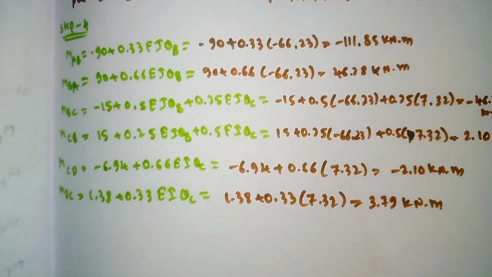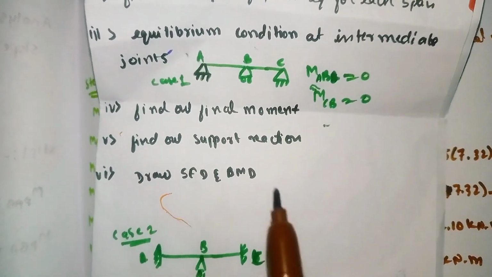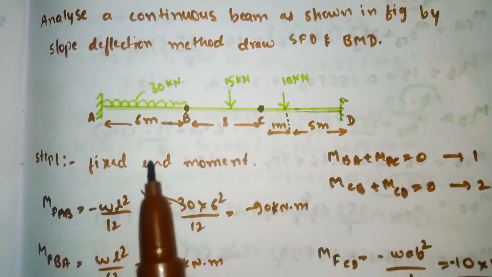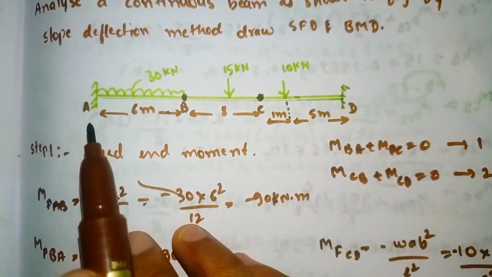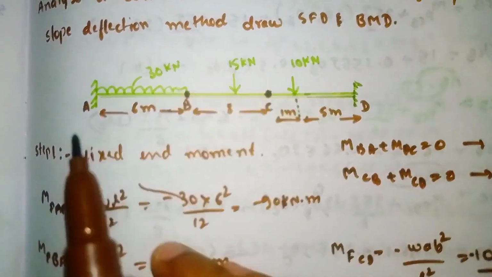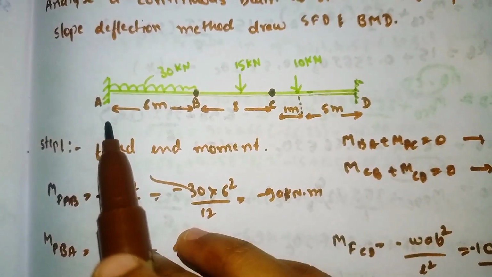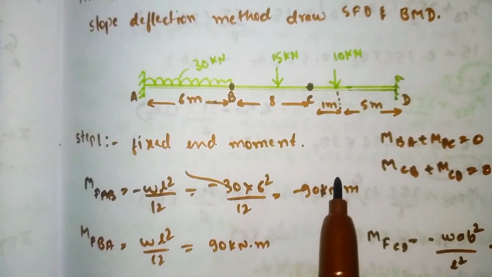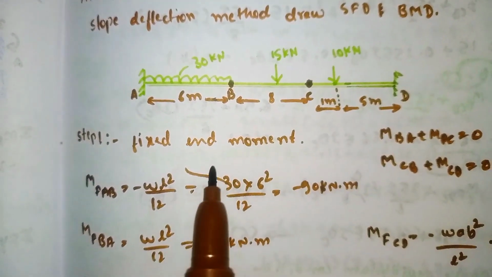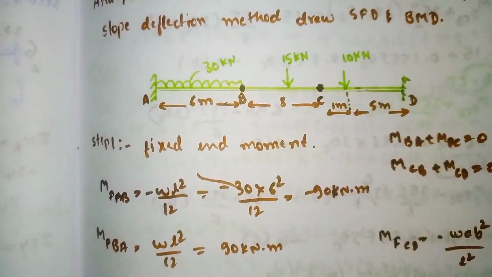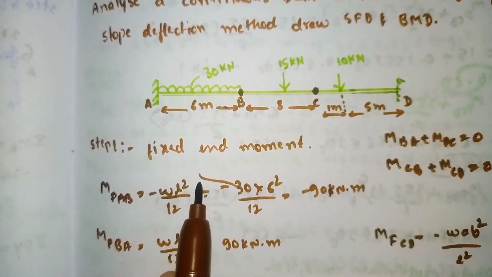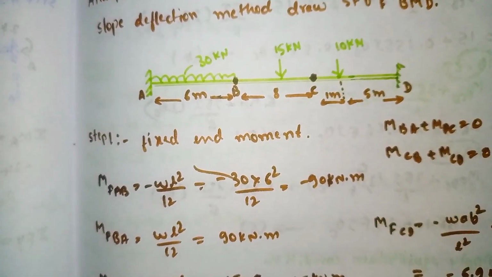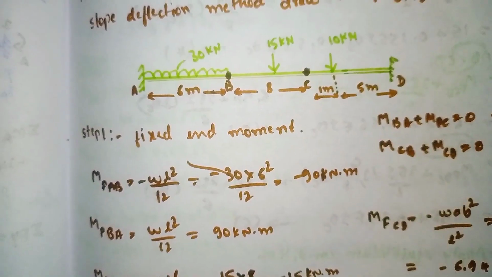So next is to find the support reactions. Here we have only two supports, reactions RA and RD. For this we don't need to calculate separately. We will calculate by taking the moment about A and the summation of Fy to find the reactions RA as well as RD.